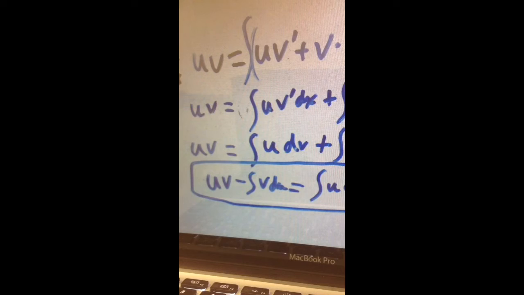The integral of, write this down. It's written in reverse order, but that was just so I could prove it. The integral of u dv is going to equal uv minus the integral of v du.